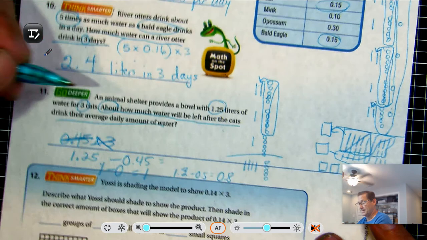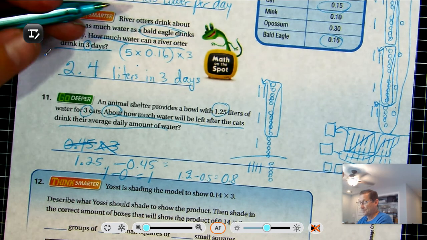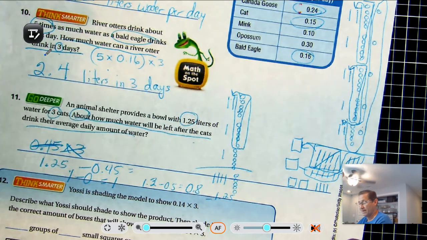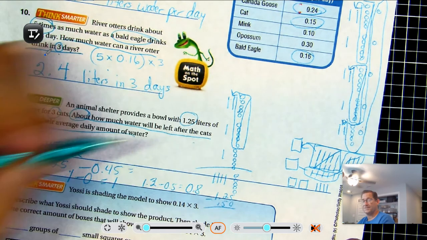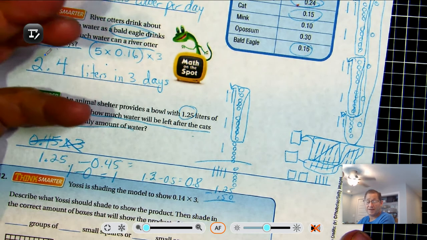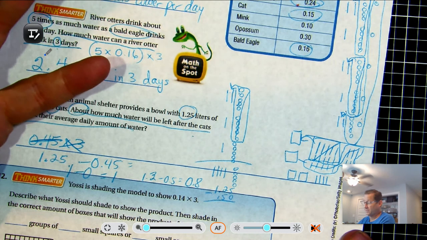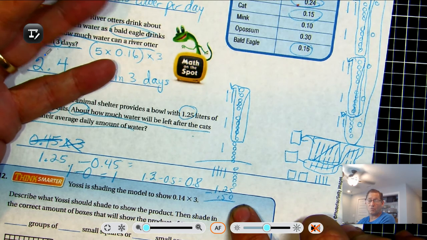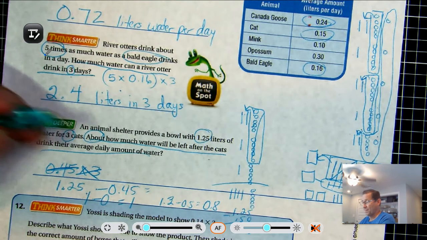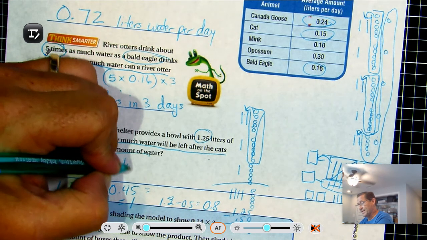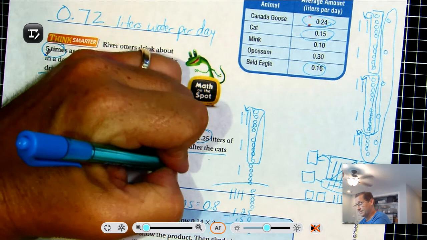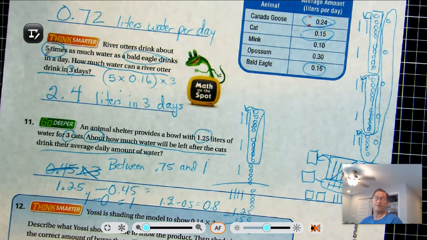If we rounded or used quarters, we'd have $1.25 minus 50 cents. If I think of it as money, I have $1.25, which is 5 quarters, and 50 cents is 2 quarters. That would leave me 3 quarters, so 75. So it's going to be between 75 hundredths and 1 liter.